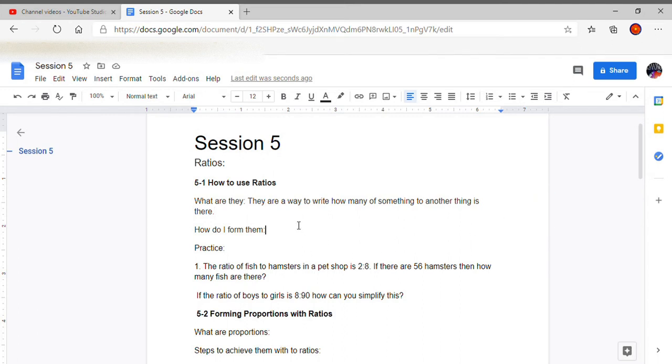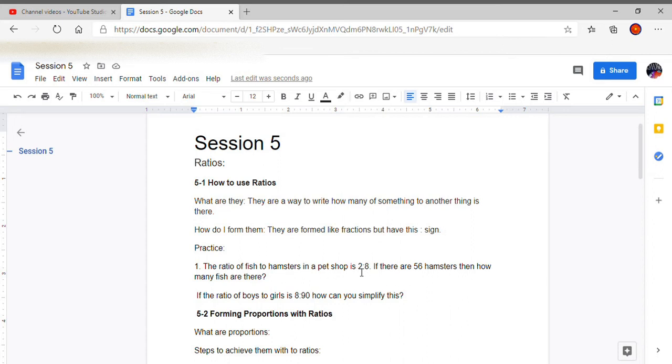How do I form them? They are formed like fractions, but have this sign. You wouldn't want to say the ratio of fish to hamsters in a pet shop is 2/8.